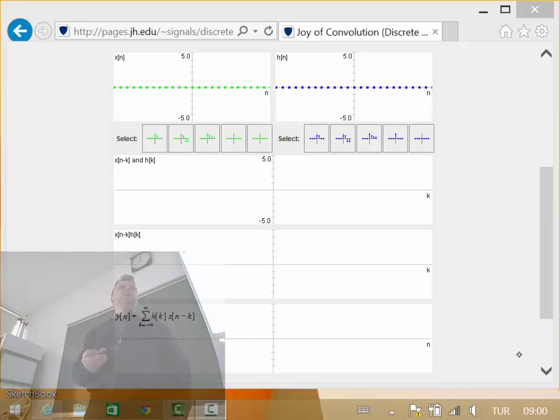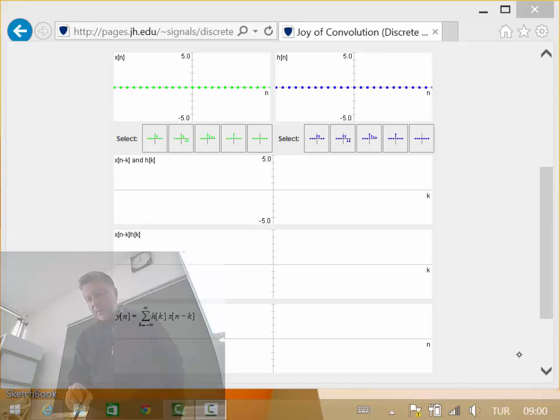Yesterday I was mentioning a Java applet, if you remember, which illustrates the graphical computation of the convolution operation in discrete time. I found it. This is not mine. It's from Johns Hopkins University.